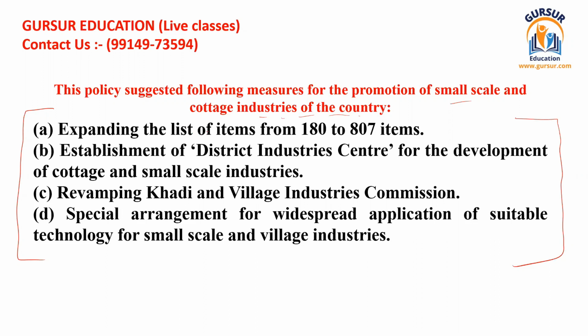Till 1976 there were only 180 items listed for small scale industries, but these were increased to 807 items. After that, a new district industry center was established for these specific industries, and the Khadi and Village Industries Commission was revamped.